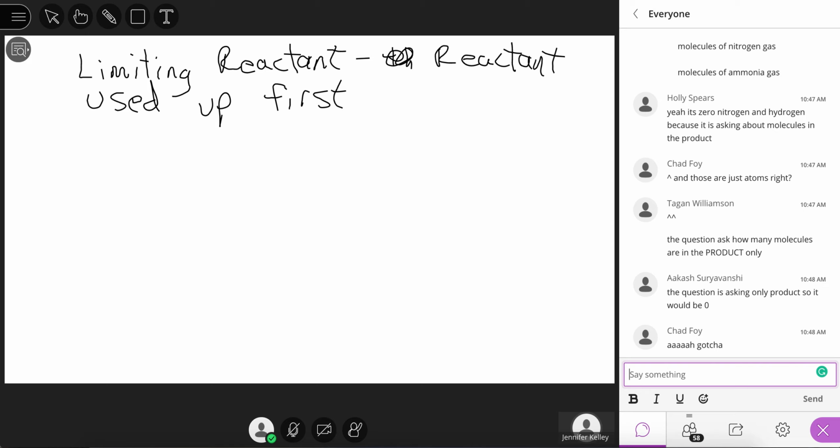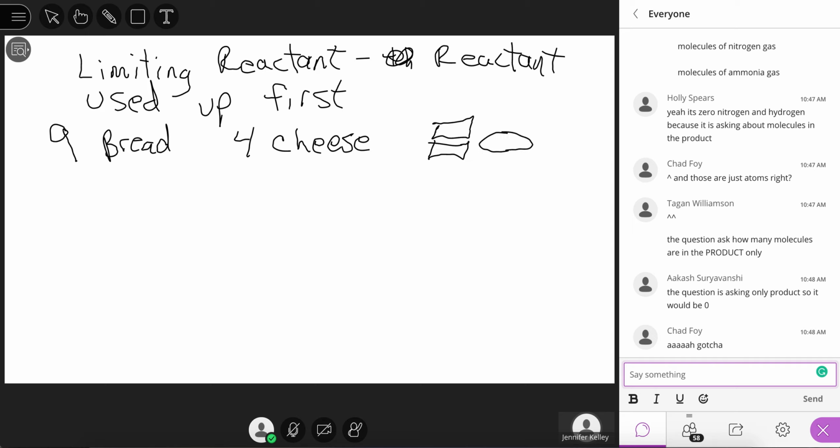For example, let's say I have 9 slices of bread, 4 slices of cheese, and a sandwich is 2 slices of bread and 1 slice of cheese.